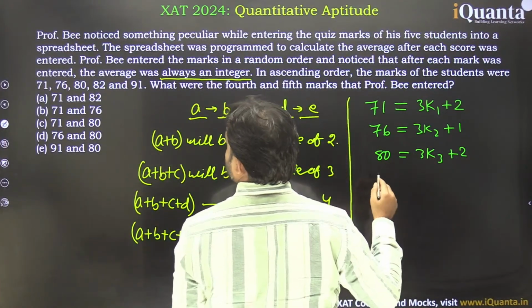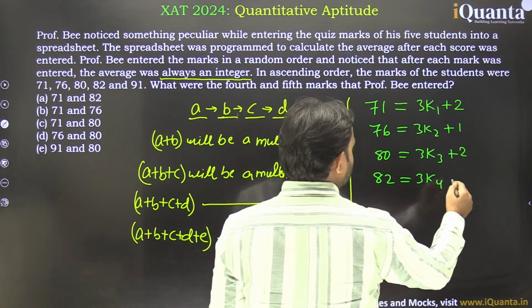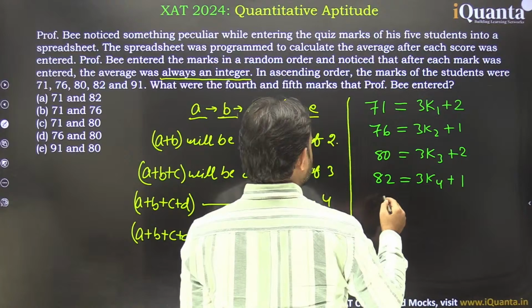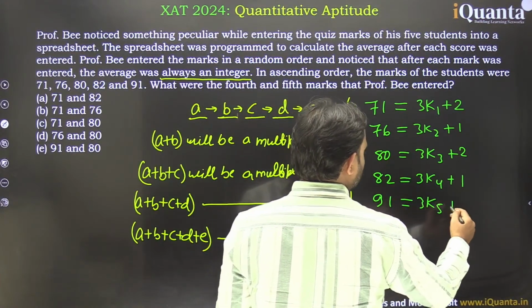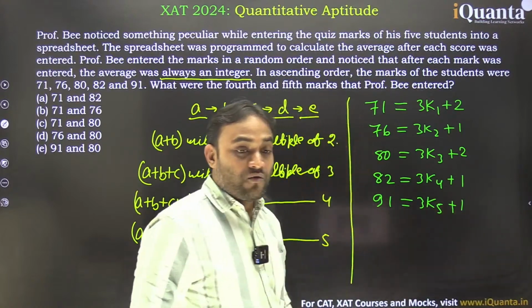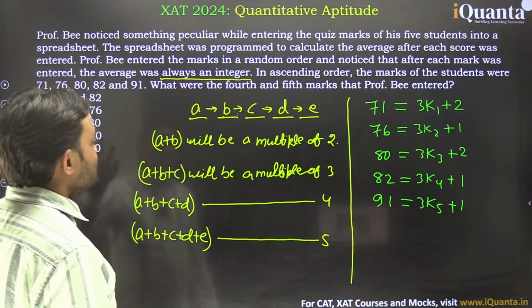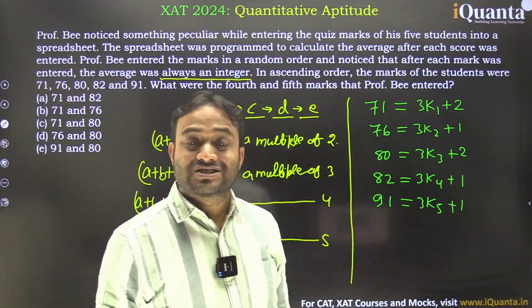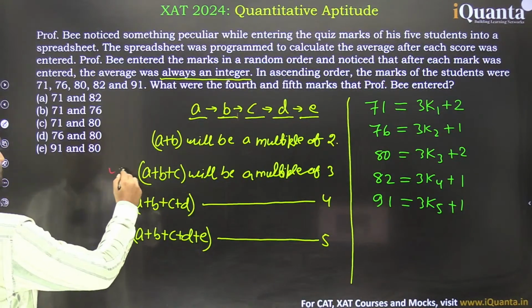Now, if we take 82, it's 81 plus 1, so 3k4 plus 1. Then comes 91, which is equal to 3k5 plus 1. Now we need to choose 3 numbers out of these 5 numbers such that the sum is a multiple of 3.